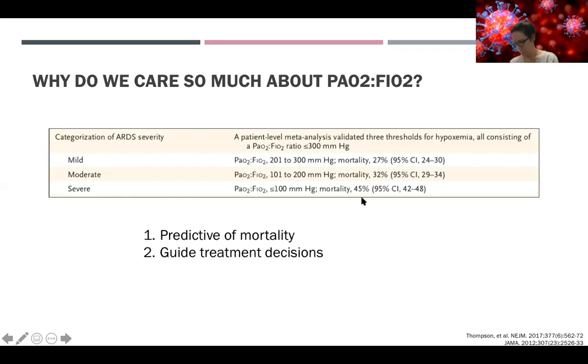To highlight, folks with severe ARDS where the P to F ratio was less than or equal to 100 had a 45% mortality. The other reason that we pay attention to this is that clinical trials of strategies to manage ARDS often have moderate to severe inclusion criteria. And so that will help us guide treatment decisions.